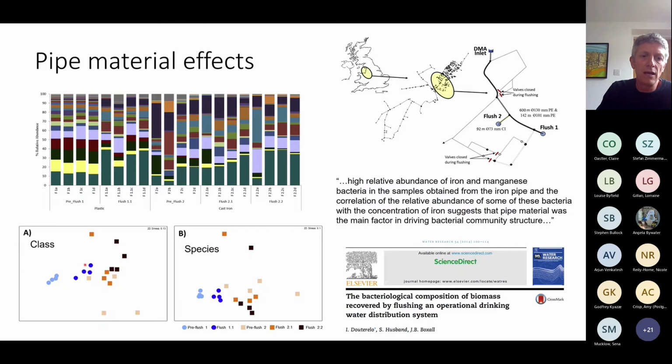The blue blobs are different time points of the plastic, class and species level. The browny, blacky blobs are from the cast iron pipe. So again, you can see there was some difference as a function of the subset of the material. So there is definitely some evidence, and we found more iron and manganese sequestering bacteria in the iron pipe.